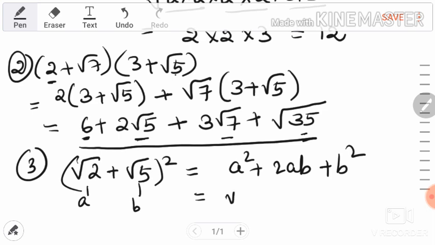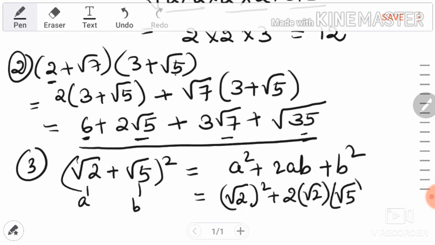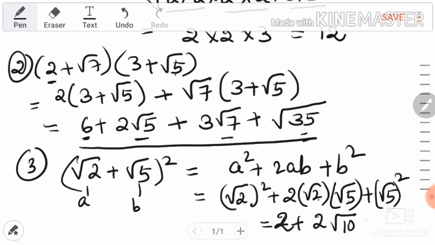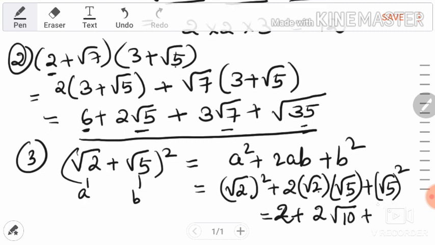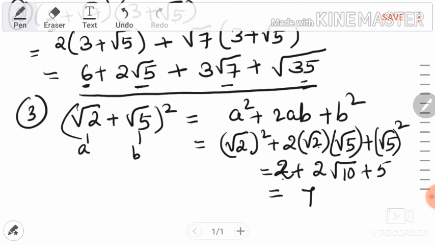So substituting, root 2 square plus 2 root 2 root 5 plus root 5 square. Root 2 square is 2 plus 2. Root 2 into root 5 can be written as root 10 plus root 5 square will become 5. Now we can add 2 and 5. That gives us 7 plus 2 root 10.